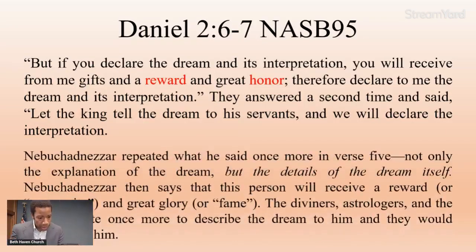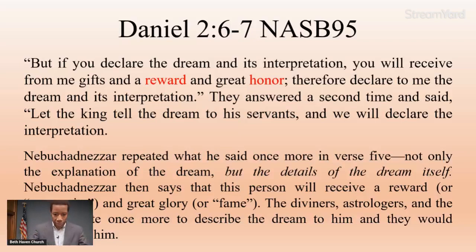Nebuchadnezzar replied what he said once more in verse 5. He not only wants the interpretation or the explanation of the dream, but he wants the details themselves of the dream. Nebuchadnezzar then says that this person will receive a reward, or generosity is the Aramaic word here, or great fame.